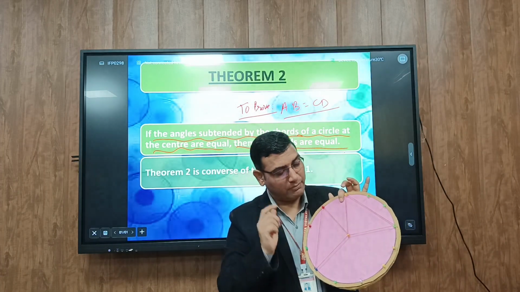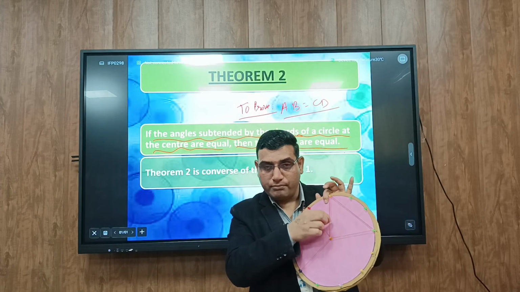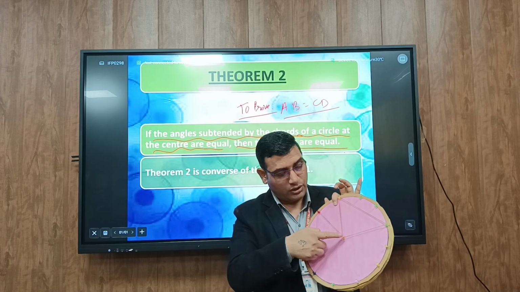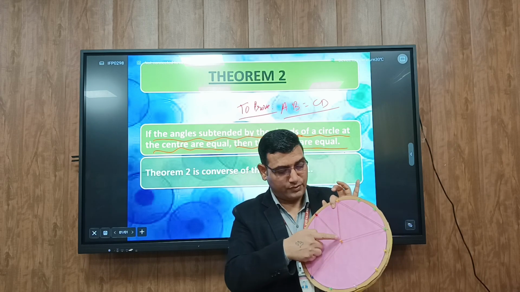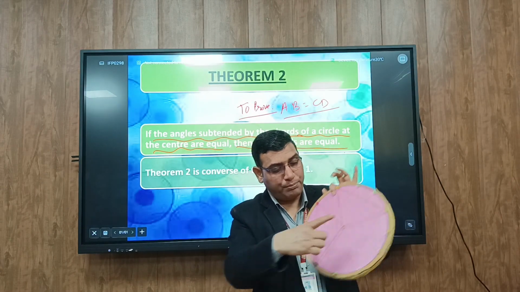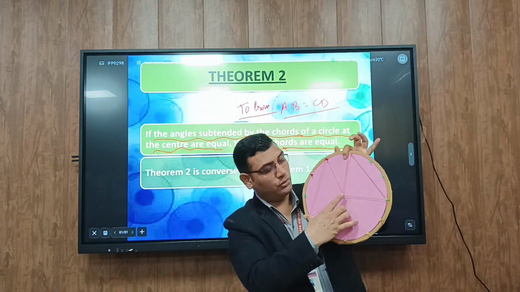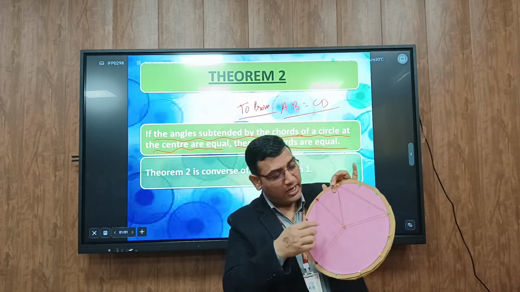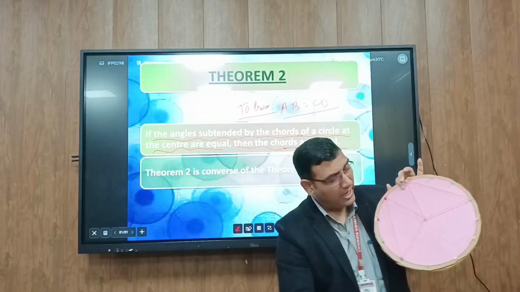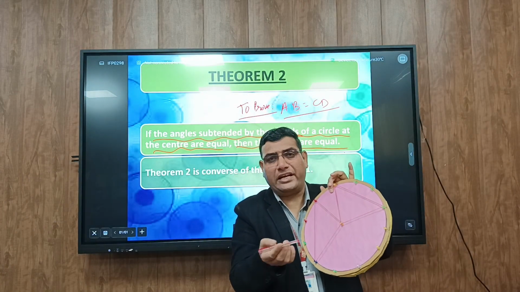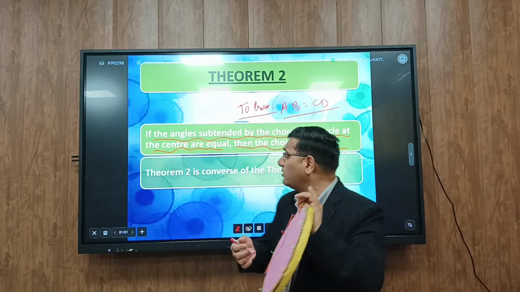Similarly, OA is equal to OC, these are radii of the same circle, and OB is equal to OD, that is also radii of the same circle. And it is given that this angle, you can label it angle 1 and angle 2 in the figure.